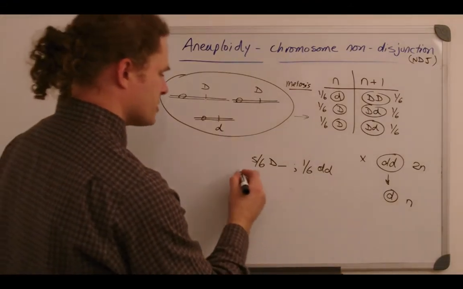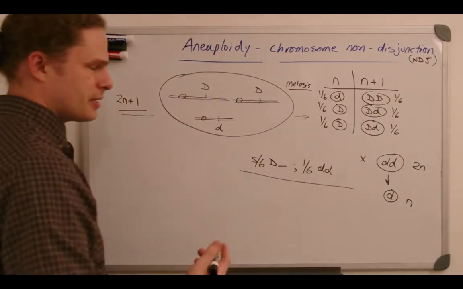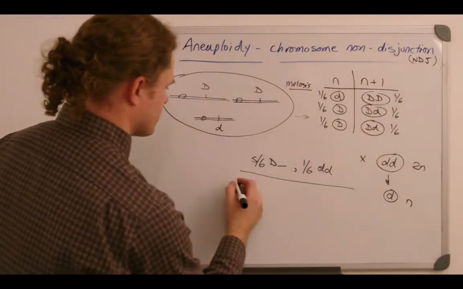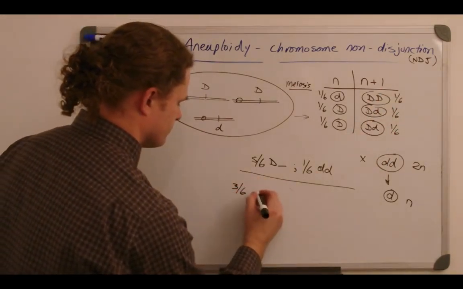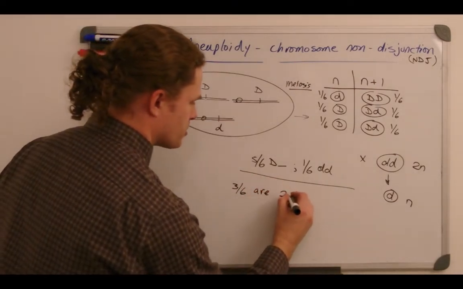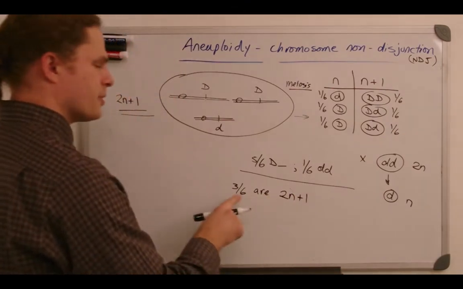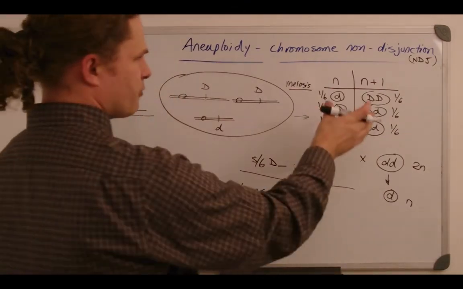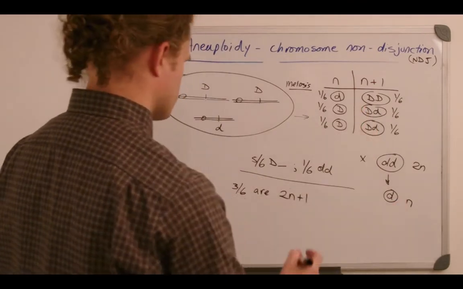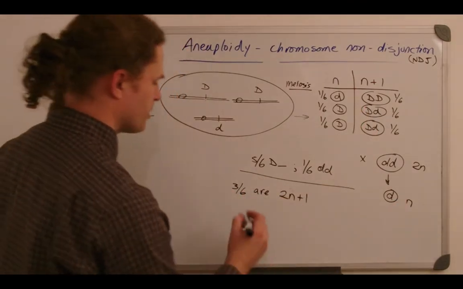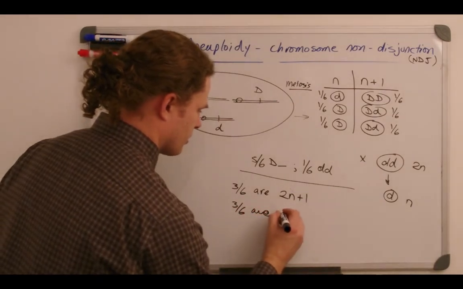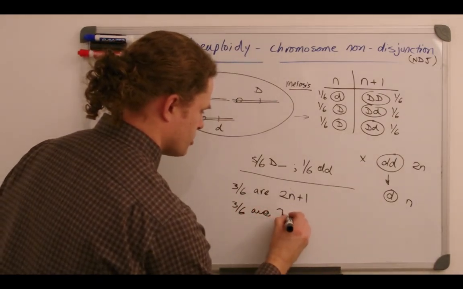The other thing we would see, if we have some way of detecting it, is we would see that 3/6 of the total progeny resulting from the fusion of the different products of meiosis from this organism and this organism, 3/6 are 2n plus 1, and 3/6 are simply 2n.